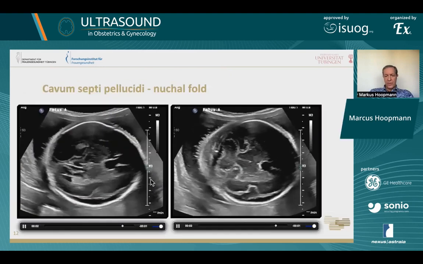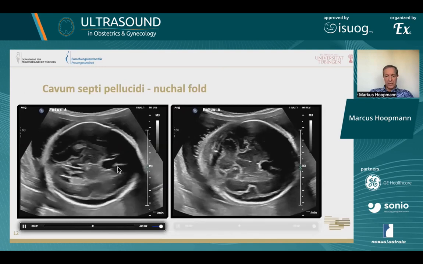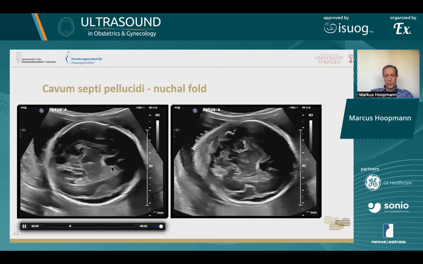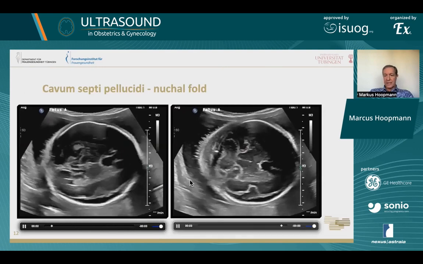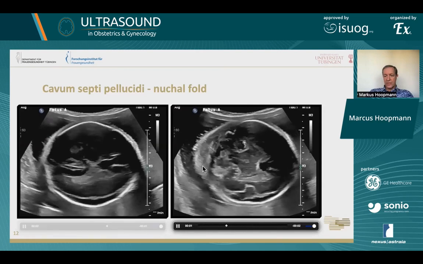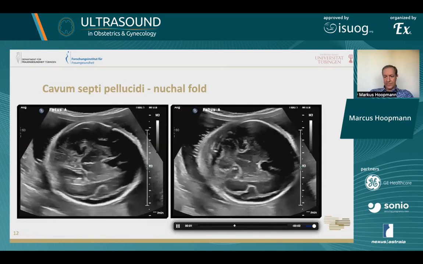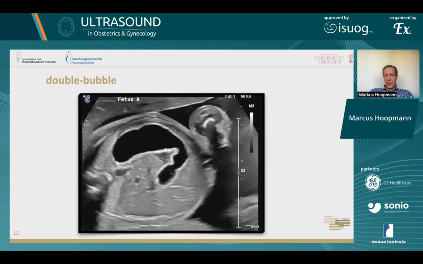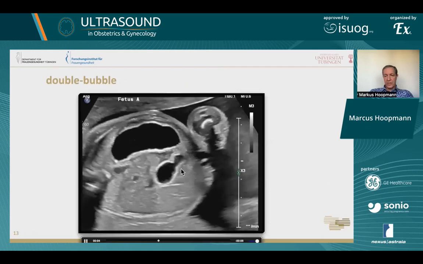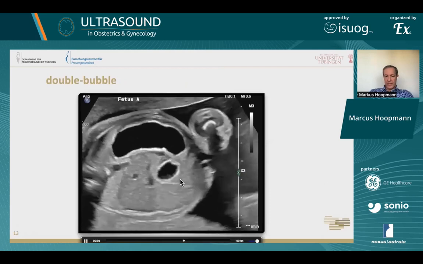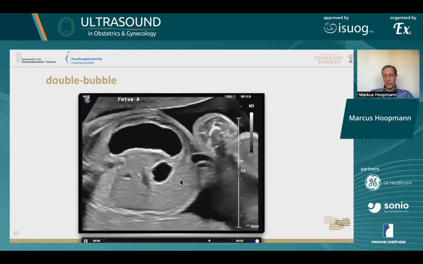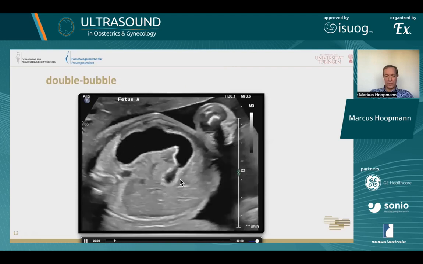And when you make the axial plane of the head, you see that the cavum septi pellucidi is quite wide, and that we see here a thickened nuchal fold. In the abdomen, you see this typical double bubble sign, which is indicative for duodenostenosis or atresia.